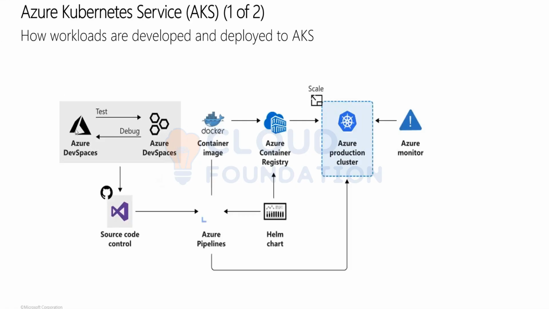If you look at AKS, how this works is you have your dev and test environment, whatever you would want to use. You can use your GitHub environment or your Azure Repos for your source control. Using Azure Pipelines, we can add this code into the container image. Push it to Azure Container Registry or Docker Hub, wherever you want.